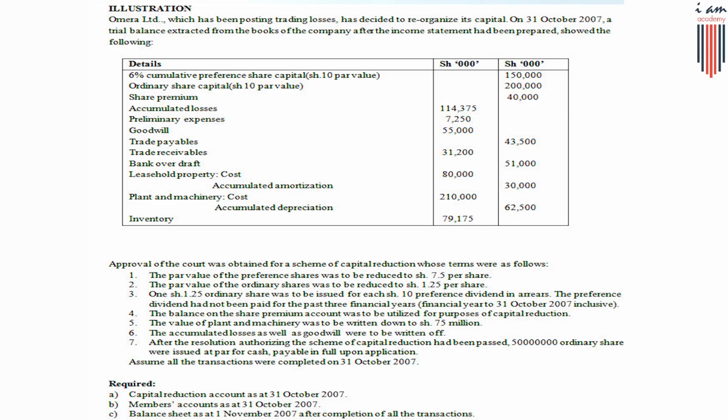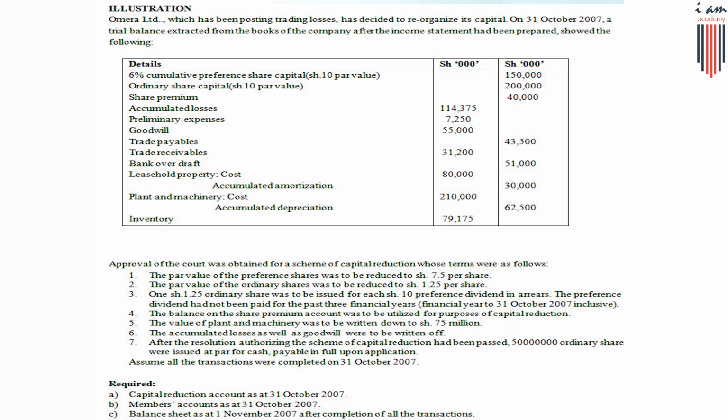Omera Limited, which has been posting trading losses, has decided to reorganize its capital. On 31st October 2007, a trial balance extracted from the books of the company after the income statement had been prepared shows the following.